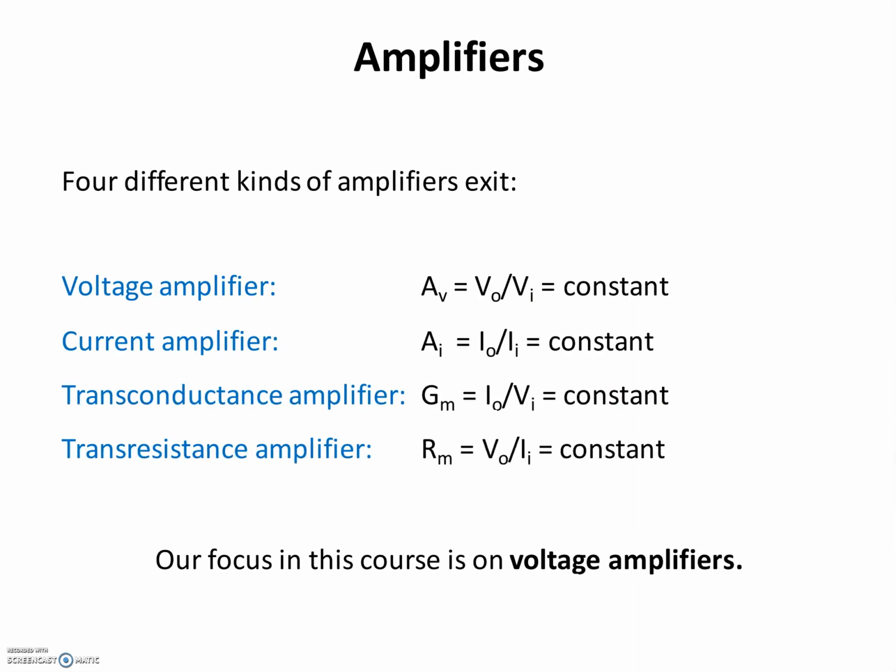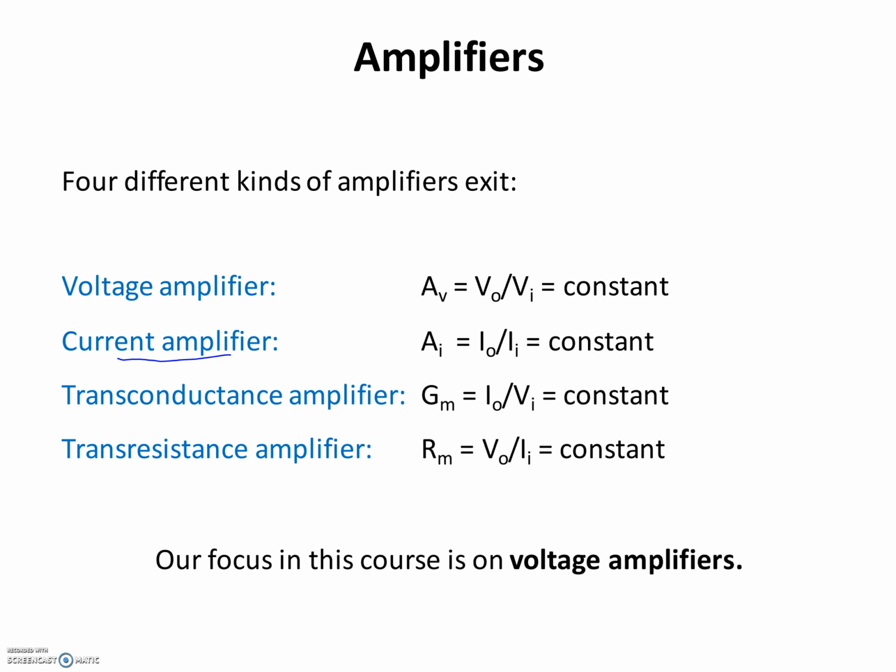So there are generally four different kinds of amplifiers. They could be voltage amplifiers, in which both the input and output are voltage signals, and the gain is defined as V out over V in. Or they could be current amplifiers, in which the output and input signals are current.